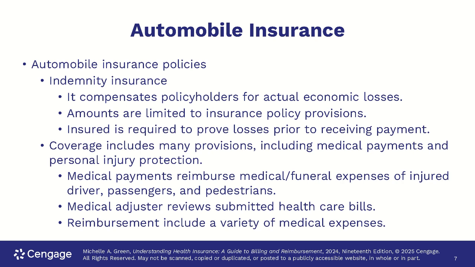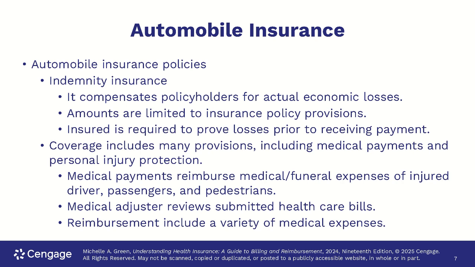So automobile is a type of indemnity insurance, and you're like, oh, I saw that before. So, indemnity insurance compensates policyholders for actual economic losses up to a limiting amount on insurance policies. And it usually requires that the insured prove that there's a loss before payment is made. So, think about this car insurance situation, right?